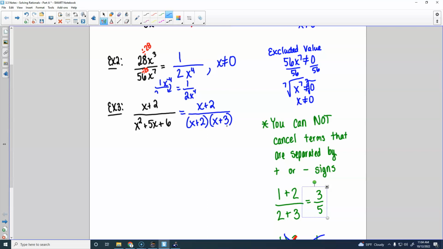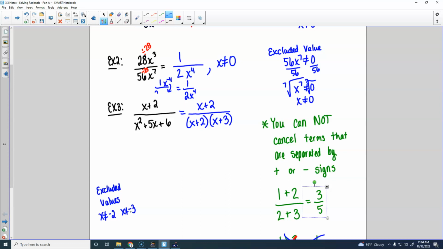Actually, it's easier if you factor it first before you do excluded values. So, excluded values for this. What numbers could we not have in the denominator? -2 and -3, right? So, it is easier to factor it first. On the other ones, not necessarily, because there was nothing to factor, right?